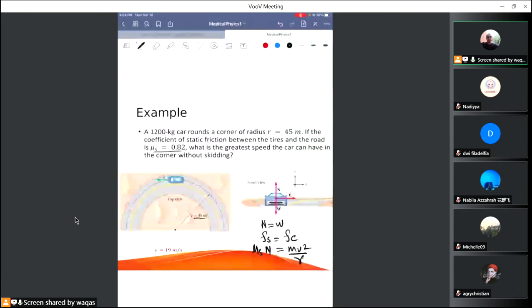So n is equal to w. So you use the same, mu s into w equals m v square over r. Just multiply this and divide by m, and then use this value to find v, which is 19 meters per second.